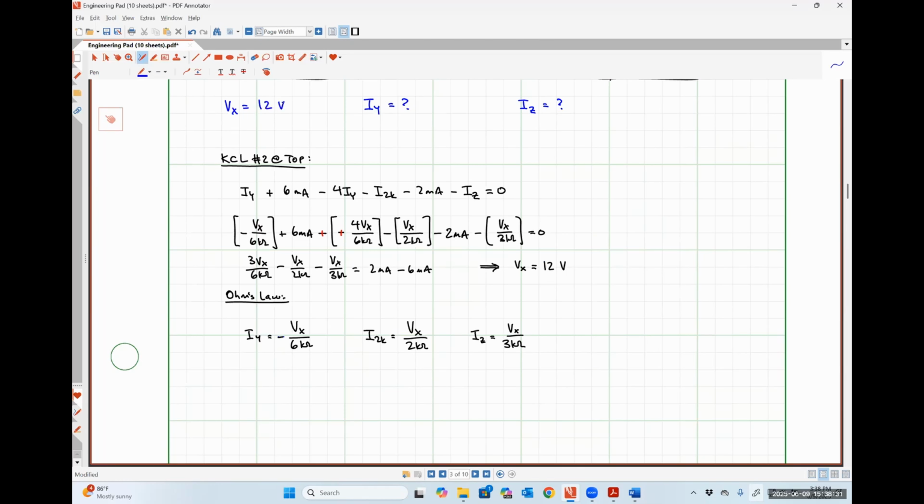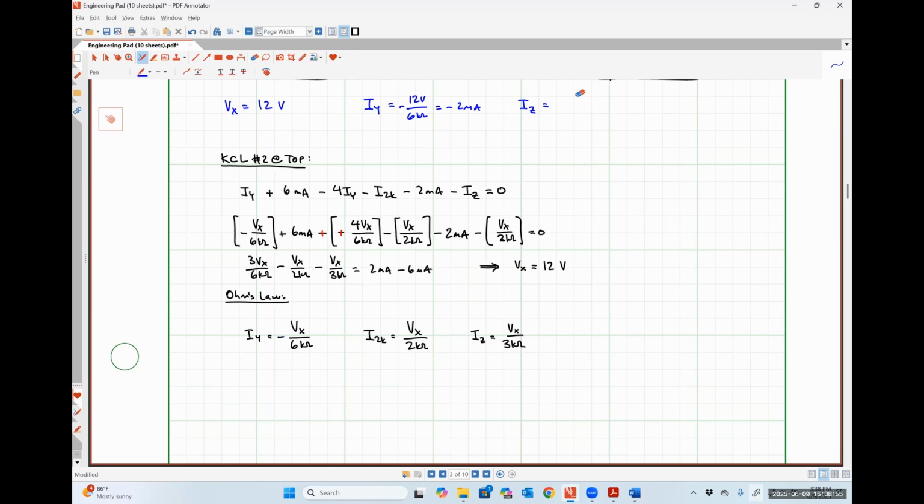Now that I know what Vx is, I can just plug that value in to find Iy, right? So negative 12 volts over 6 kilo ohms is just going to be negative 2 milliamps.